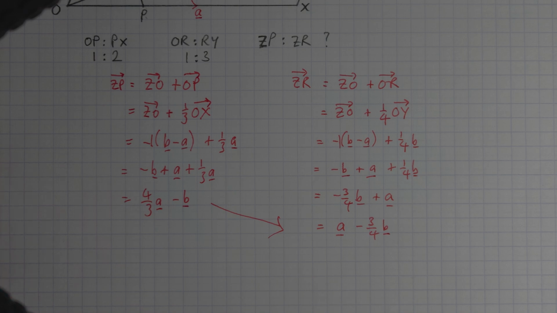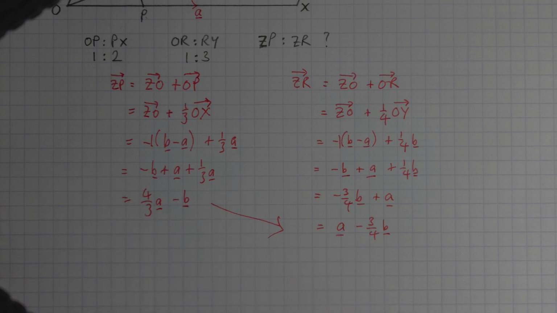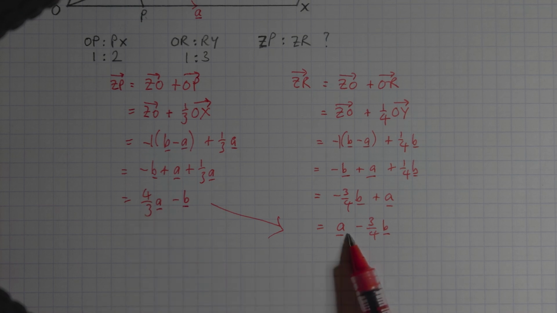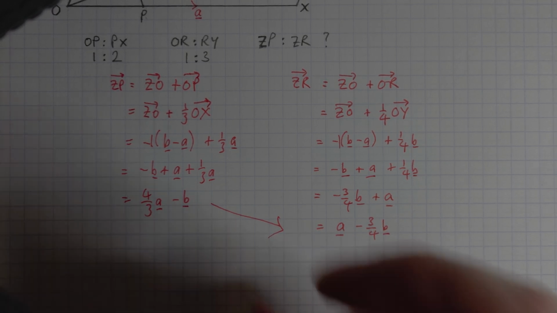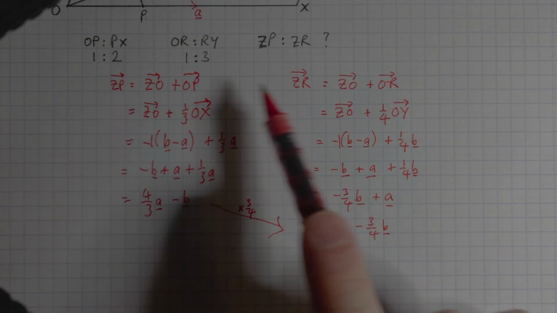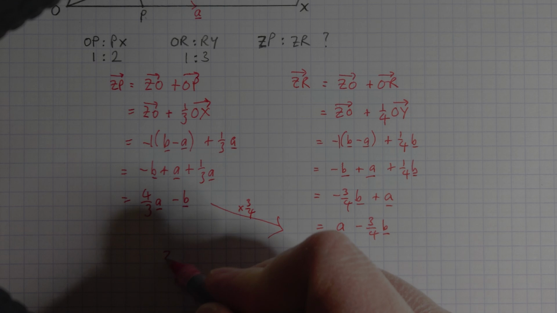I wonder if you can spot it. If I'm going from here to here, it's 3/4, isn't it? 3/4 of this is 1a, and 3/4 of this is 3/4 of a b. If I was going the other way, you'd say multiply this by 4/3 to get this one over here. But it's times by 3/4 if you're going in this direction. If you want to go from ZP to ZR, you multiply by 3/4. So that's telling me that ZR is the slightly smaller one, which is no surprise.